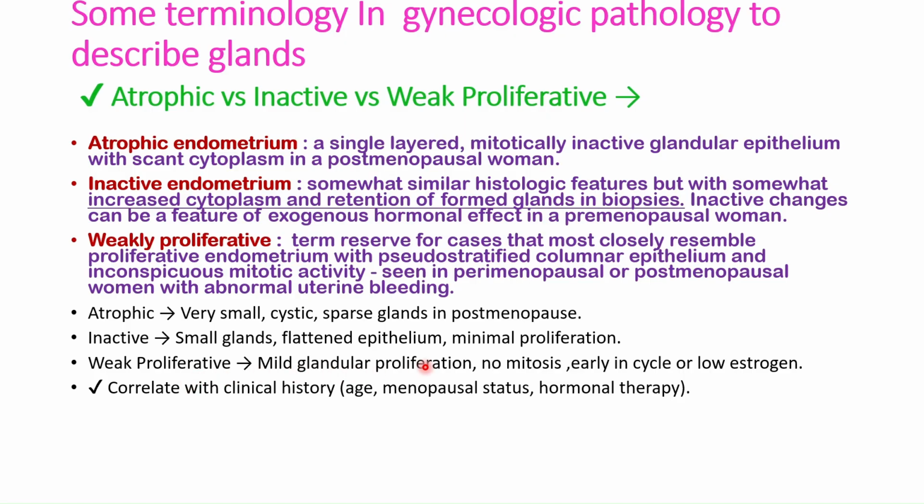So, mild glandular proliferation but no mitosis, early in cycle or low estrogen. Here, with these features, we have to correlate with clinical history, including age, menopausal status, and hormonal therapy.